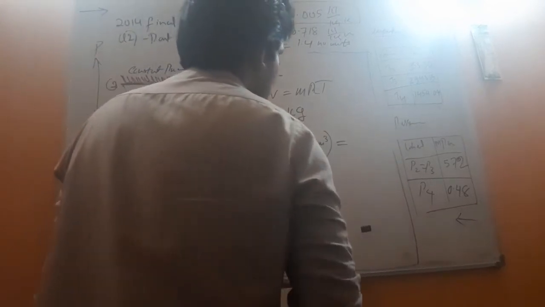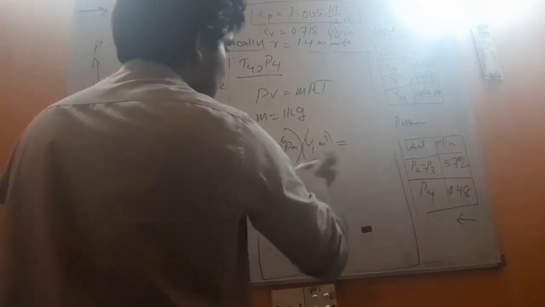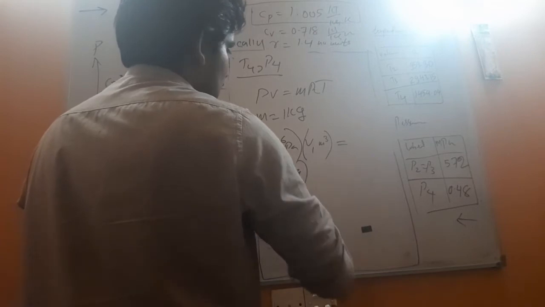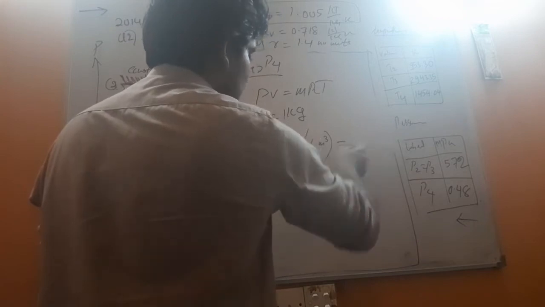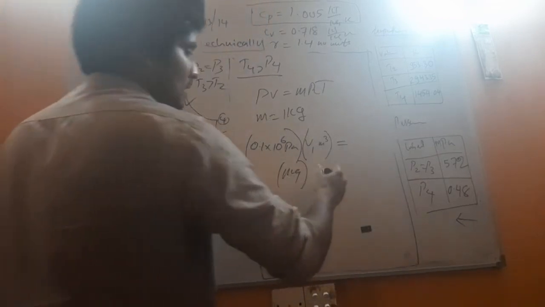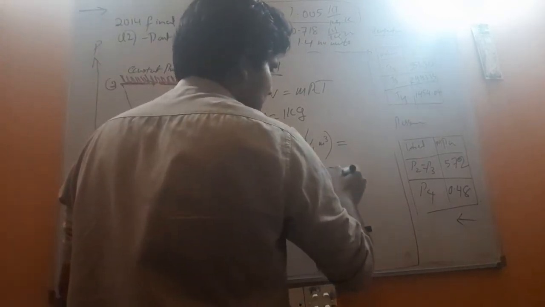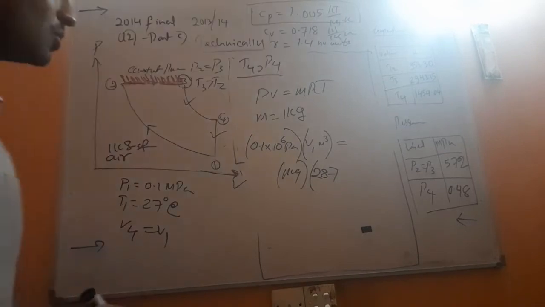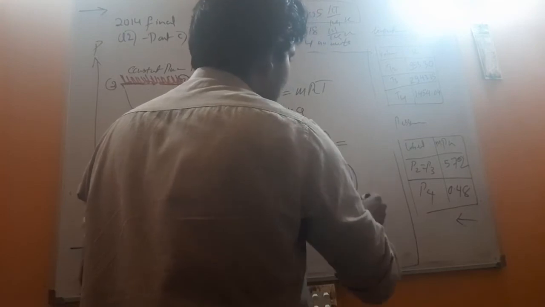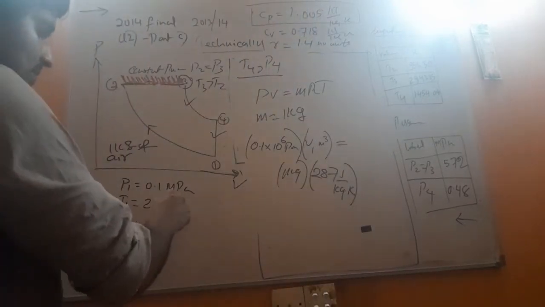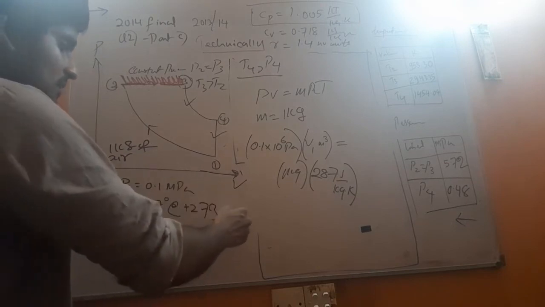M equals 1 kilogram. This multiplied by that equals the other part of the equation: 1 kilogram times R. What is R? 287 joules per kilogram per Kelvin, the gas constant. What is the temperature here? 300 plus 273, no, you have to convert that into Kelvin, so it is 300 kelvins.